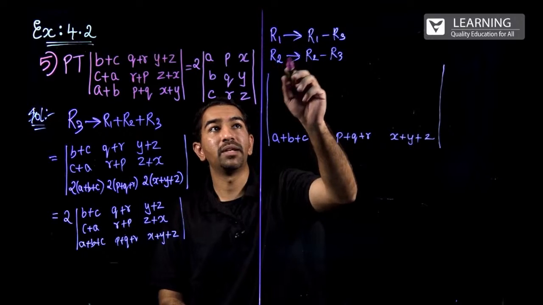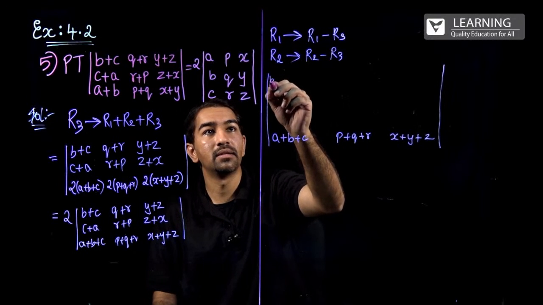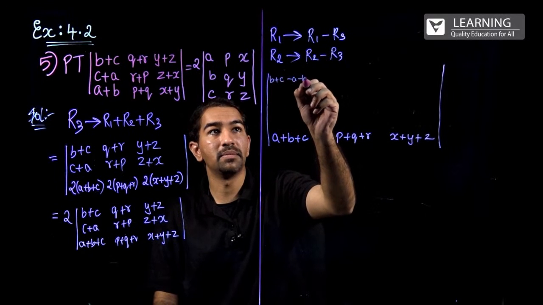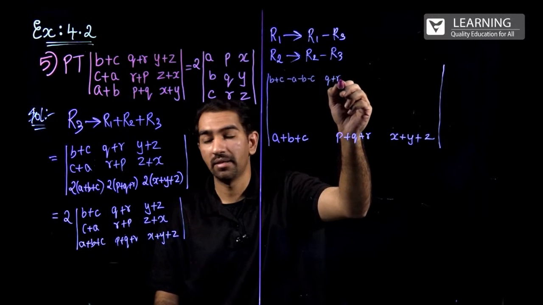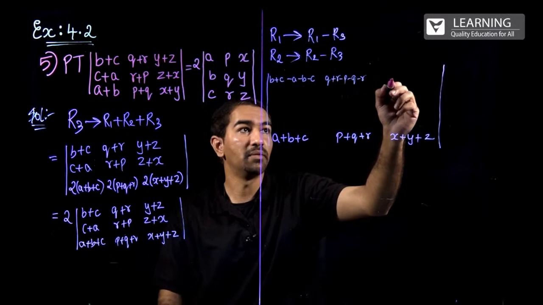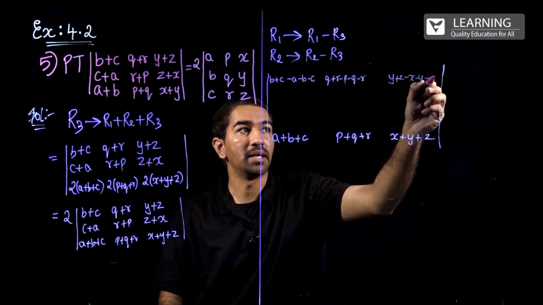Now we have to write only R1 and R2 with these operations. So R1 will be B plus C minus R3, which is minus A minus B minus C. Same thing, Q plus R minus P minus Q minus R, and it will be Y plus Z minus X minus Y minus Z, correct?